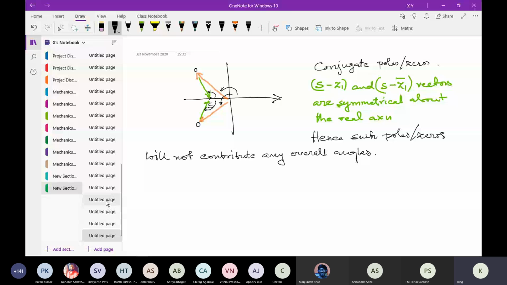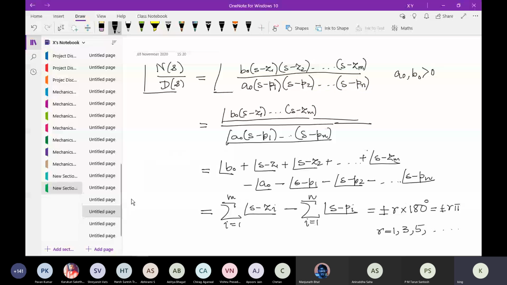Now we get back to what we are doing here. This is what we have. So from this summation, we can straight away throw out all those complex conjugate poles and zeros. In fact, all poles and zeros which have imaginary parts, because imaginary poles and zeros will also occur in conjugate pairs.